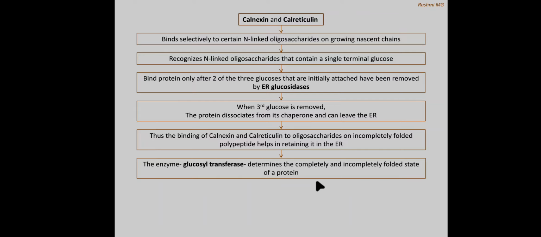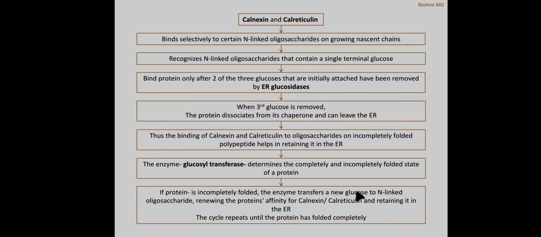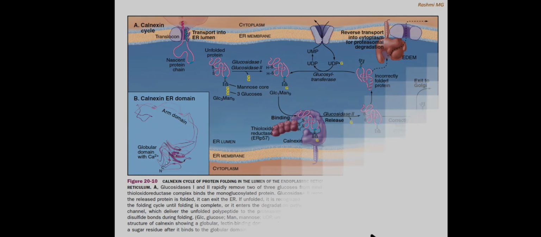It adds one glucose to the incompletely folded state of the protein. If the protein is incompletely folded, the enzyme transfers a new glucose to the N-linked oligosaccharide, renewing the protein's affinity for calnexin or calreticulin and retaining it in the ER. The cycle repeats until the protein has folded completely.